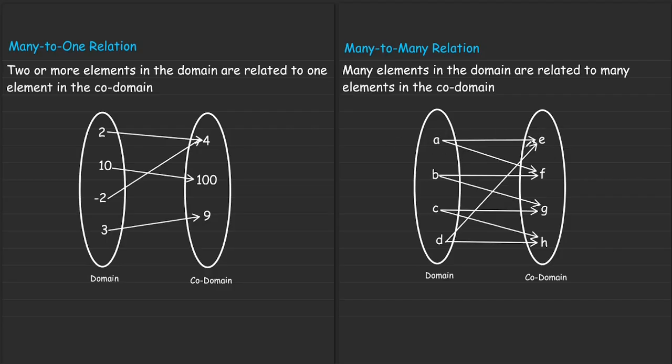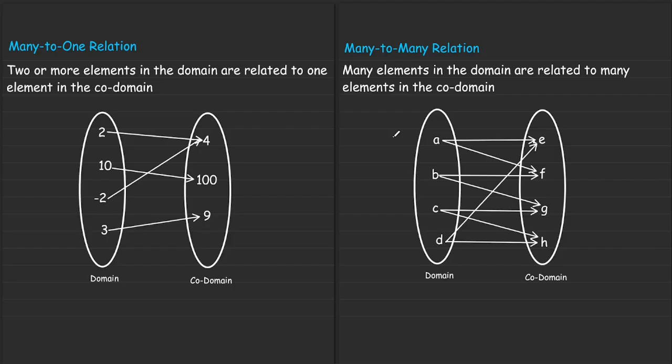So it's mapped by A and it's also mapped by D. F is also mapped by A and also mapped by B. So all the elements here have more than one from the domain being mapped to them. And the elements in the domain are also being mapped to more than one element in the codomain. This is what we call the many to many relation.